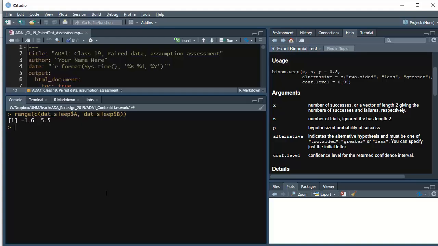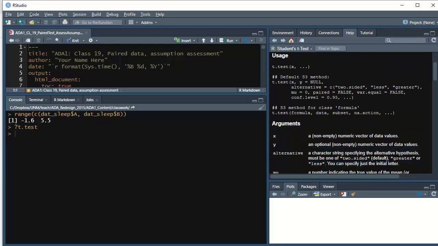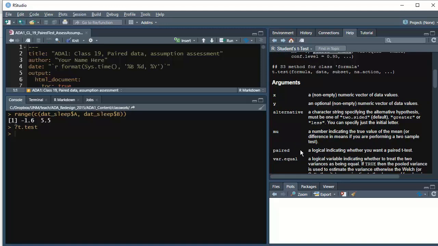Let's go look at the help for t-test. There is an option in the t-test function of paired, and that option is defined down here, a logical indicating whether you want a paired t-test.